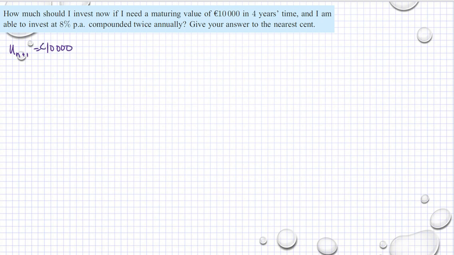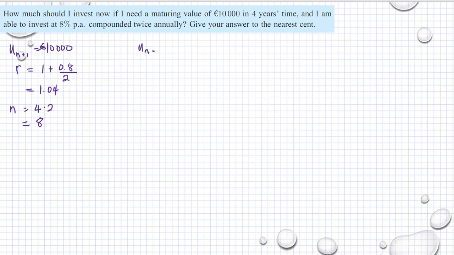And then my r now is, twice annually, so we have 1 plus 0.08 divided by 2, then we have 1.04. And my n now is 4 times 2 because it is compounded twice annually. That's 8.